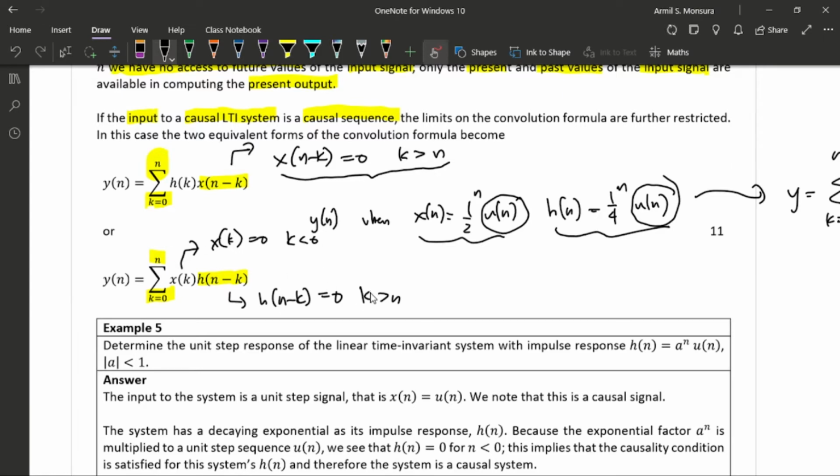Okay, so let's take a look at example 5 now. Determine the unit step response of the linear time invariant system with impulse response h[n] equals a raised to n u[n], with the absolute value of a, or the magnitude of a if a is complex, less than 1.